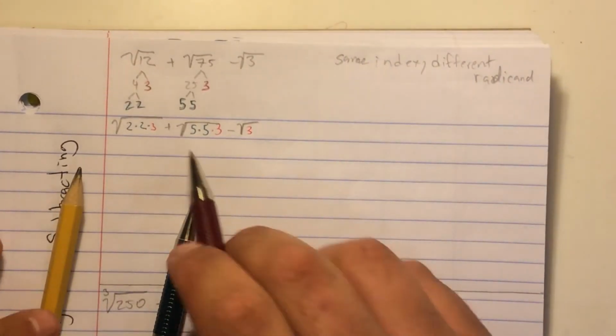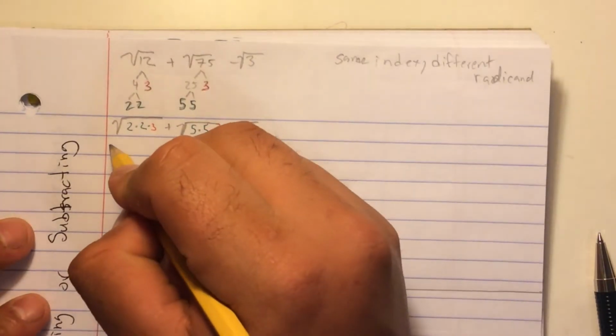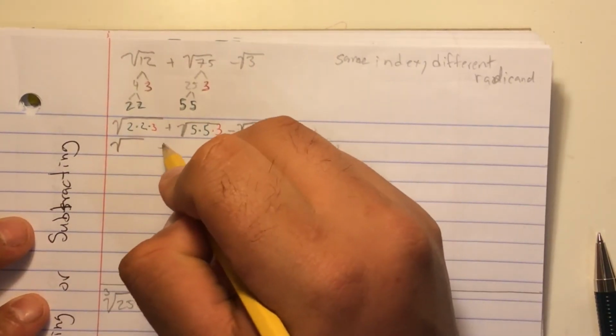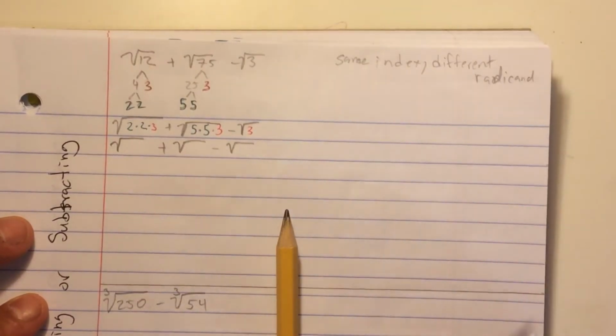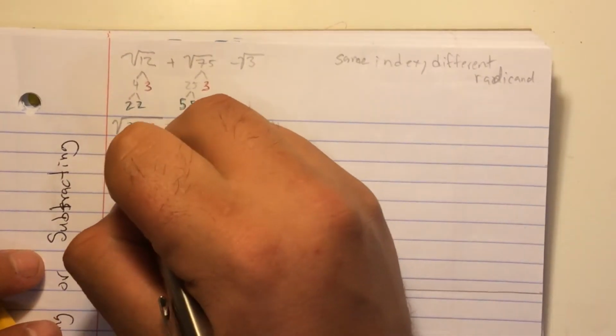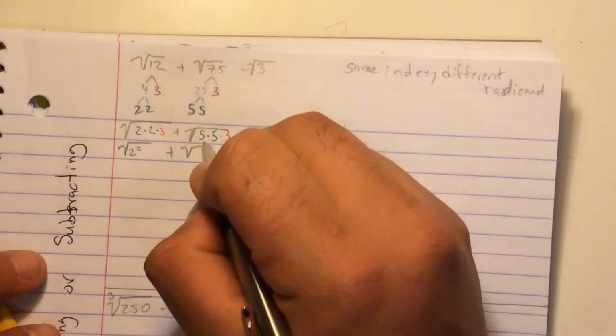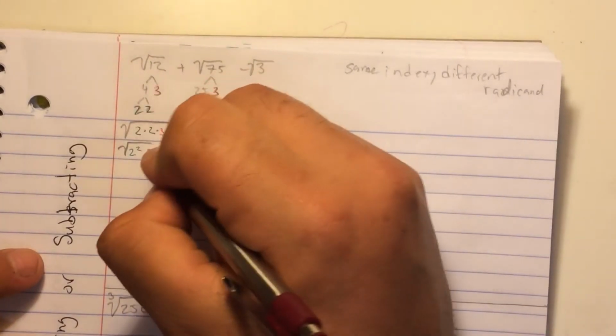Alright, so now we have two numbers that we can actually combine. So we have the square root plus the square root minus the square root. And if we see these, the 2 times 2 is actually 2 squared. 5 times 5 is actually 5 squared. And we still have our 3s.